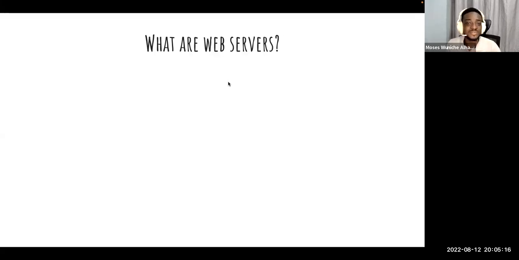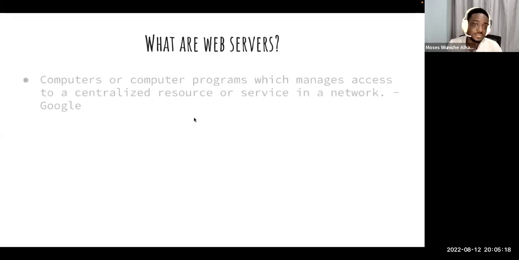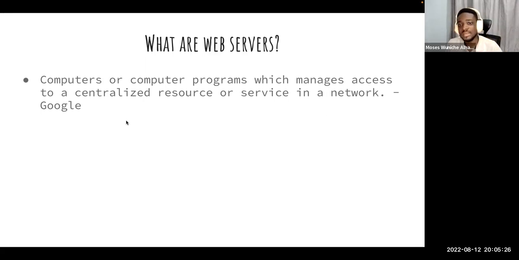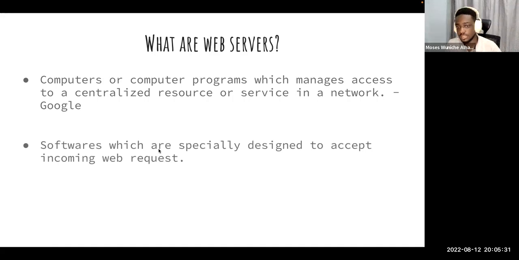Okay. So we're starting with what are web servers. Per the Google definition, they are just programs which manage access to centralized resources in a network. But simply put, they are specially designed software, or okay, we can't really call them software per se, because sometimes they can also be an actual computer. So they are actual computers or software that are specially designed to accept incoming requests.